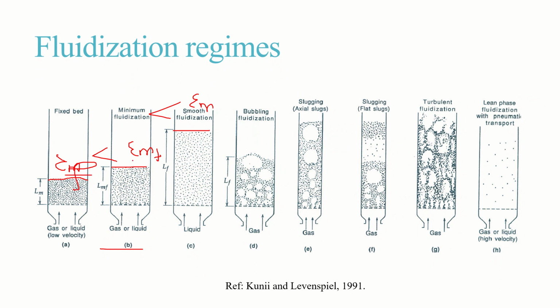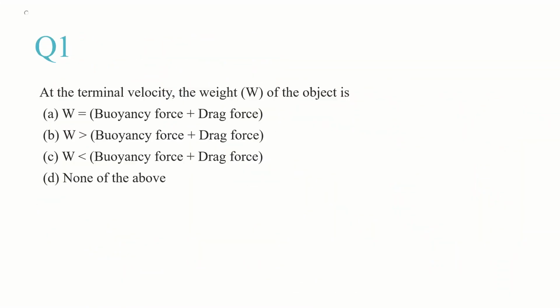The voidage keeps on increasing with the increase of the fluid velocity. This is the onset of fluidization. At this point, the voidage in the bed is much higher than that at the fixed bed condition.